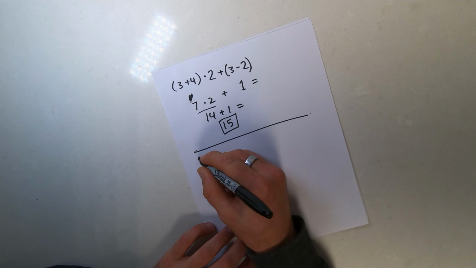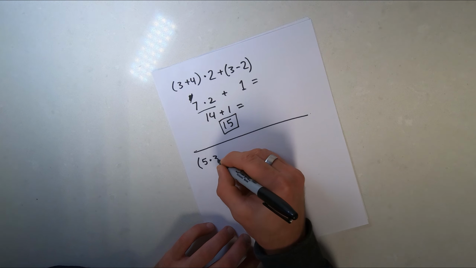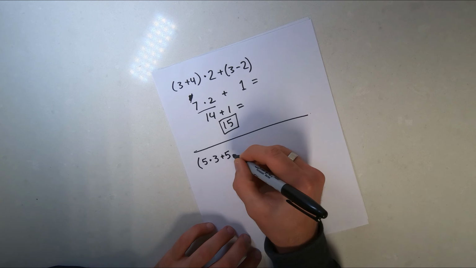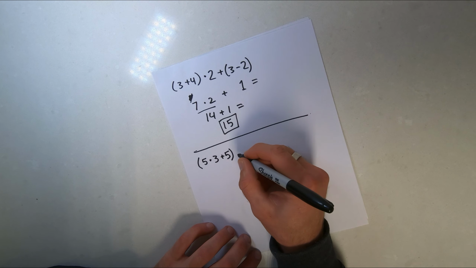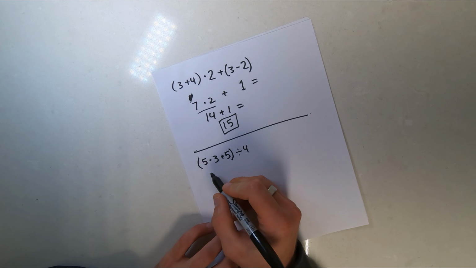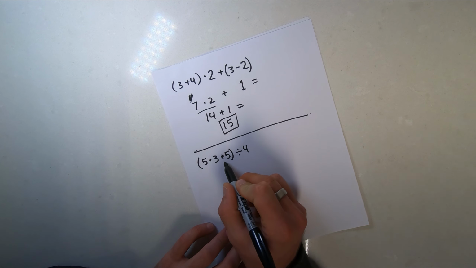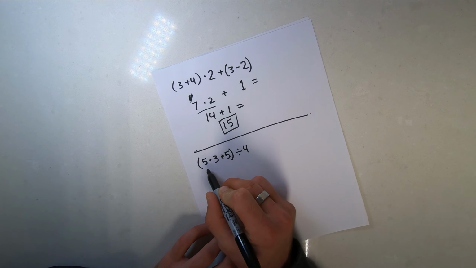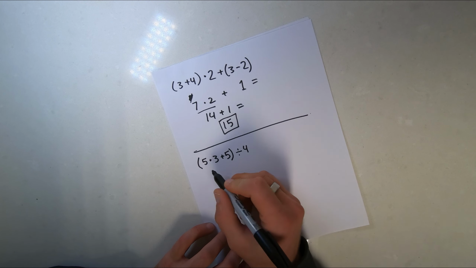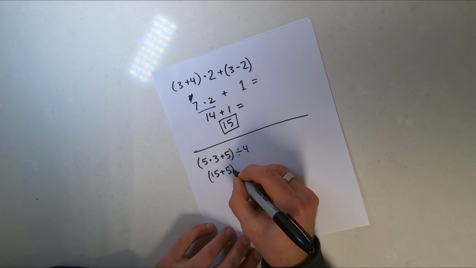So let's do another problem. Let's say we have 5 multiplied by 3 plus 5 inside the parentheses, and that's all divided by 4. So first, inside the parentheses, we have to do this first, but inside we have multiplication and addition, so we take care of the multiplication first. 3 times 5 is 15 plus 5.